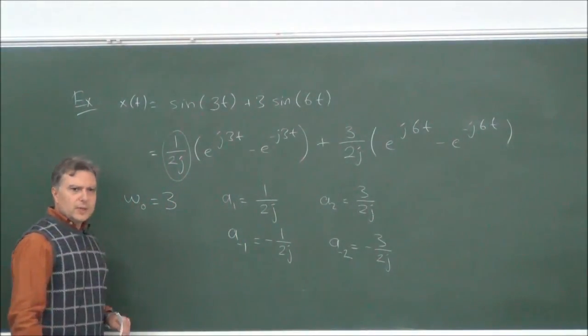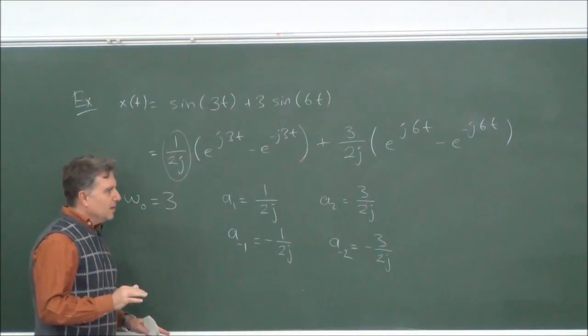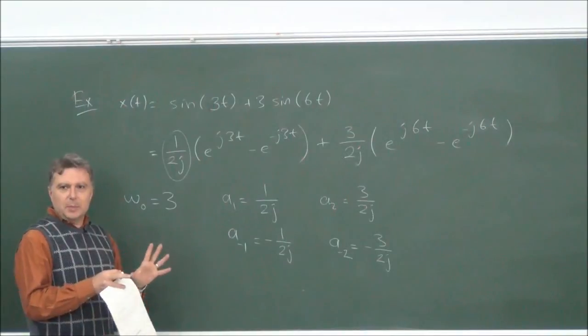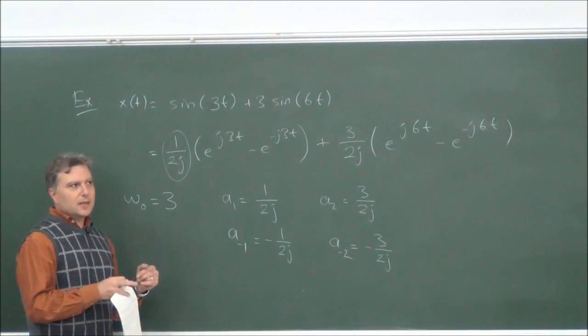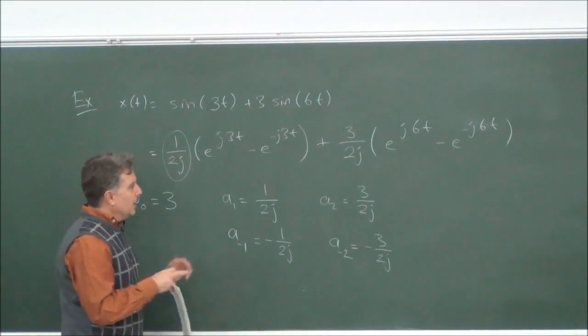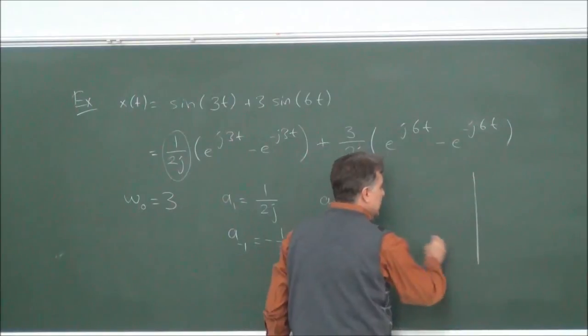Now can we draw this? Can we plot it? Unfortunately not, because j is in the denominator, so it's not a real value. We cannot plot it on a real valued axis, but we may plot it like this then.